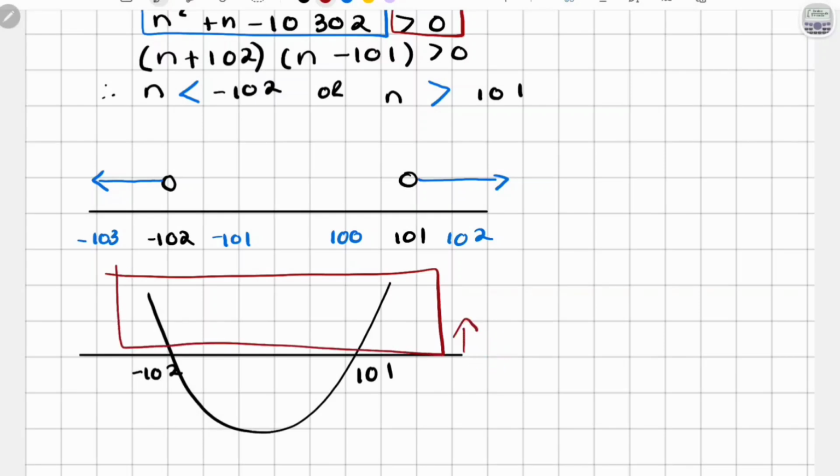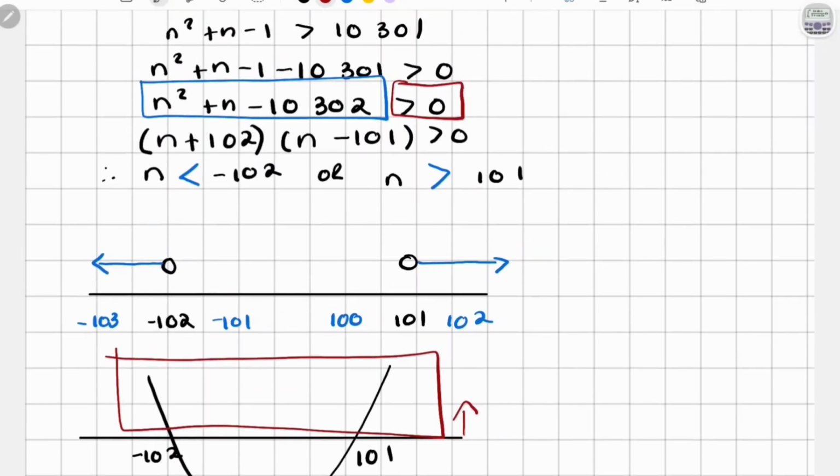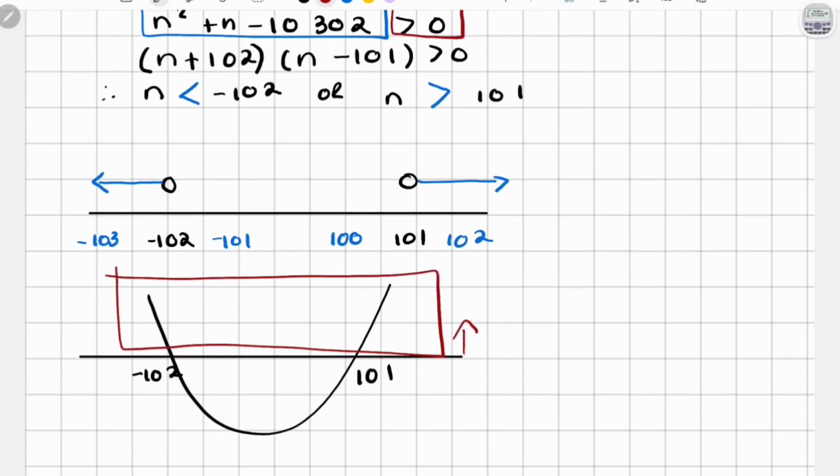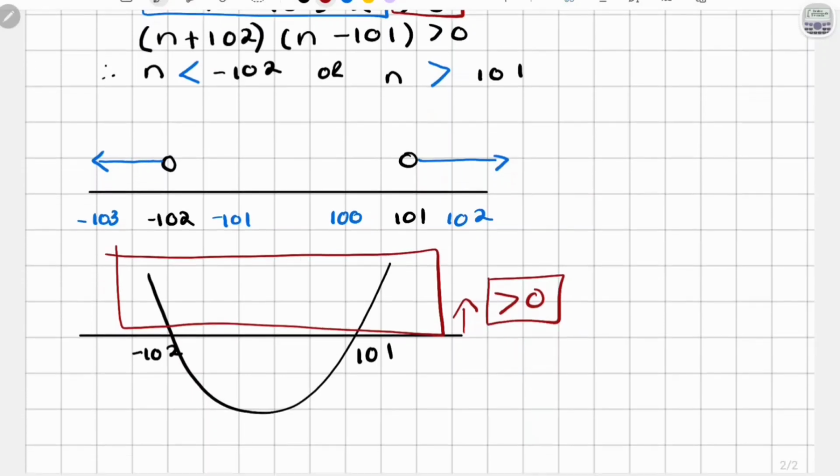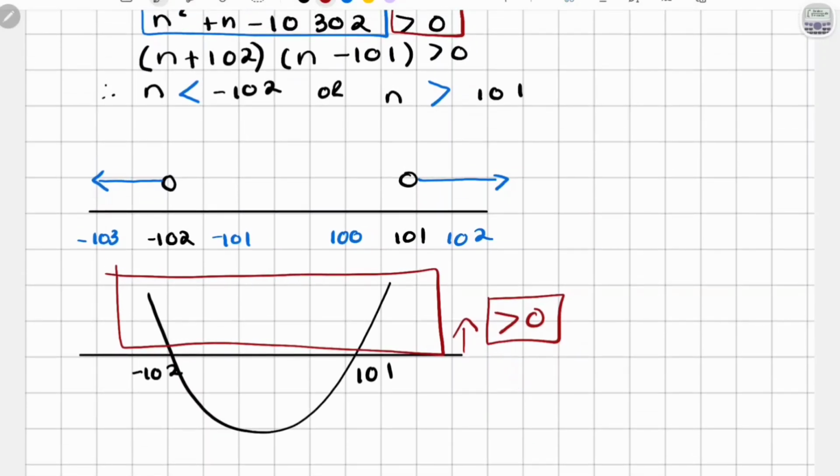So this is something you can remind yourself about. If the expression is greater than 0, if you're using the graph method, you only look for parts of the graph that lie above the x-axis. And then, of course, if it's less than 0, it's below the x-axis.